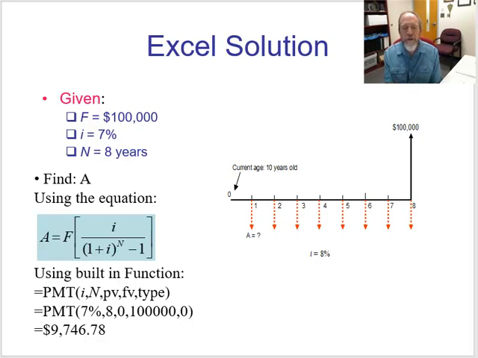If you're looking for the A, which is the series, the PMT function will let you do that. That's the function in Excel, and you can use the built-in function, or you can use the equation directly. Just calculate it with a calculator, or type the equation into Excel. When typing the equation into Excel, you might want to test it with known values to see if it is actually working correctly, because once you've written the equation, you can use it with all sorts of different values.